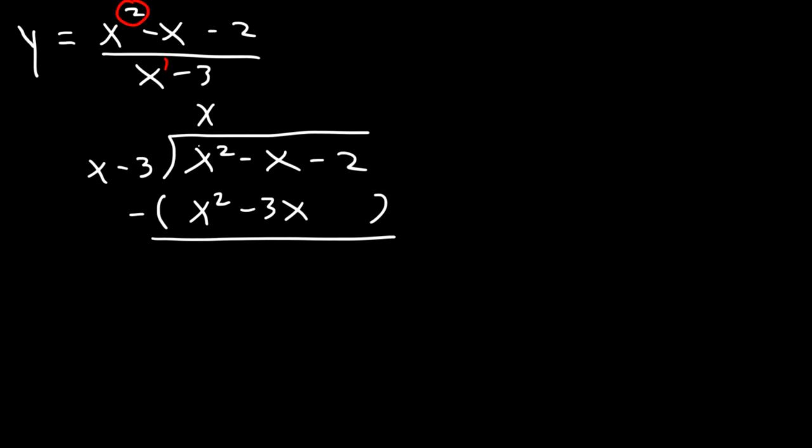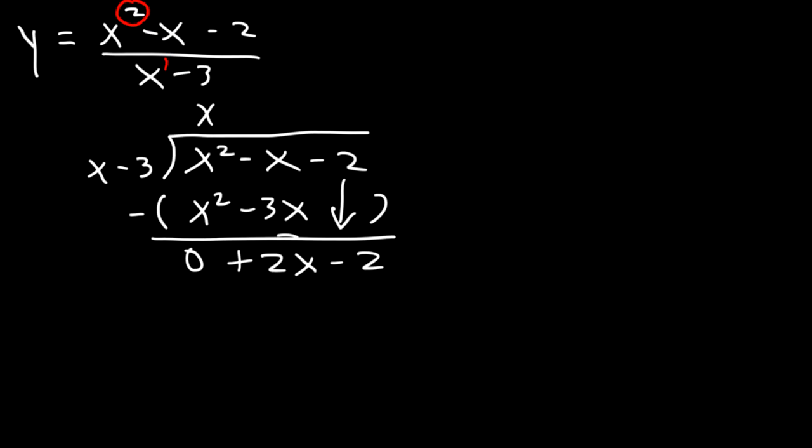And then subtract. x squared minus x squared is 0. And then negative x minus negative 3x, that's negative x plus 3x, which is positive 2x. And then negative 2 minus nothing, we could just bring down the negative 2.